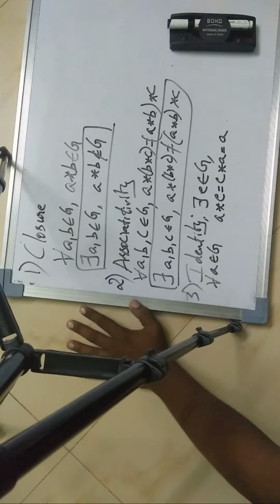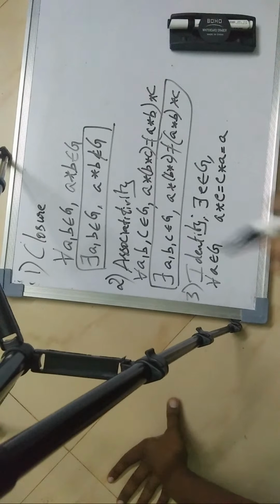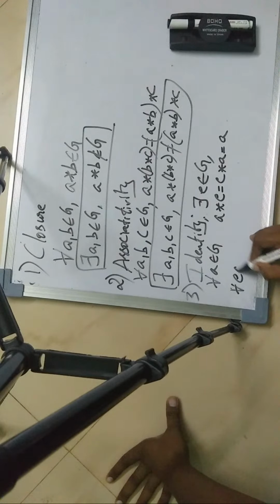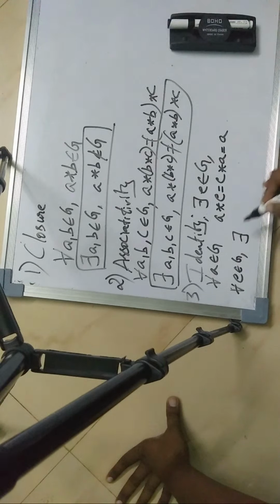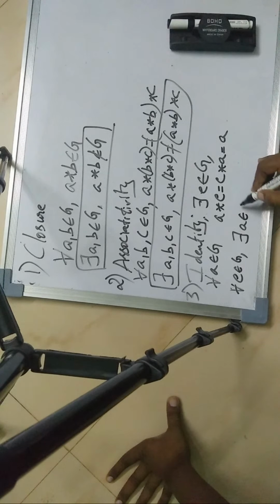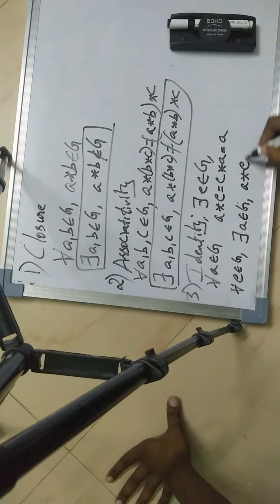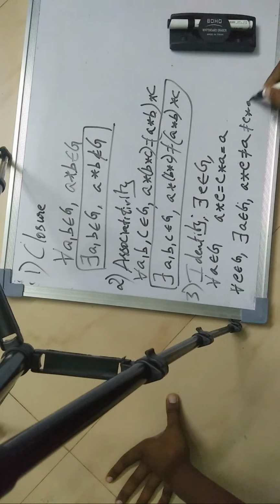If suppose a set along with the binary operation does not satisfy the identity axiom, then what we need to prove is, given any e in G, I can find at least one element a in G such that a star e is not equal to a, or is not equal to e star a.